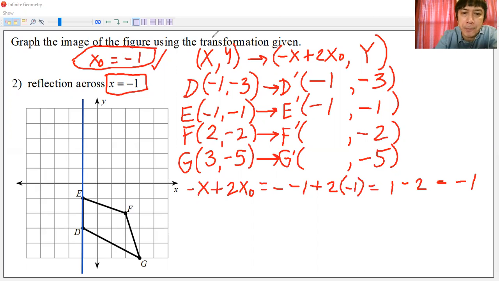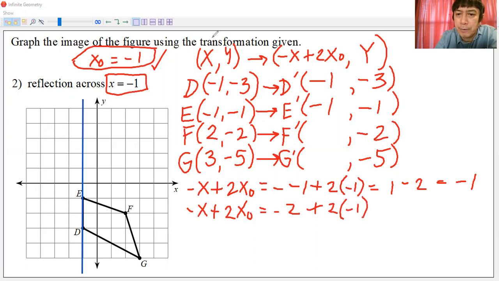The same formula: -x plus 2 times x of 0, negative of x. The x from point F is 2. So after the negative, it's a 2, plus 2 times -1. You have a -2 minus 2. It's -4. So this is -4.